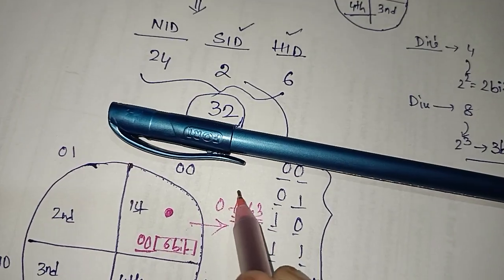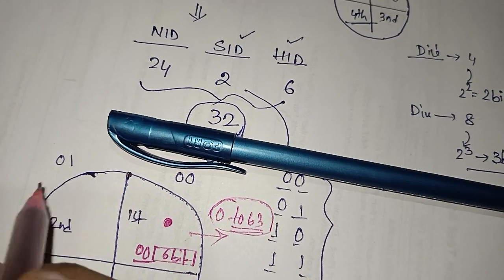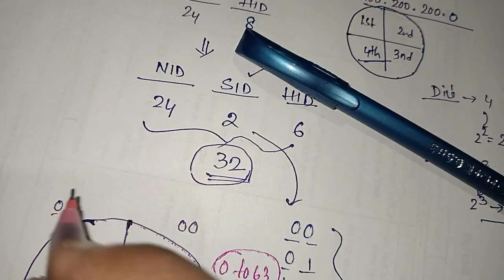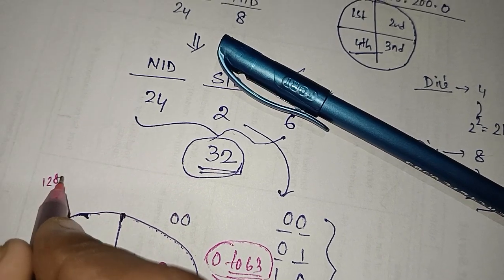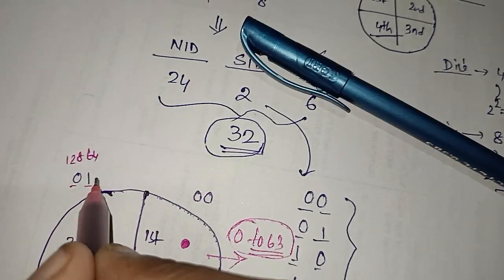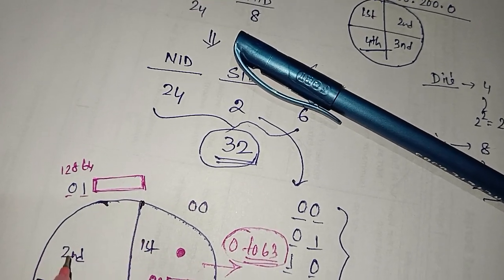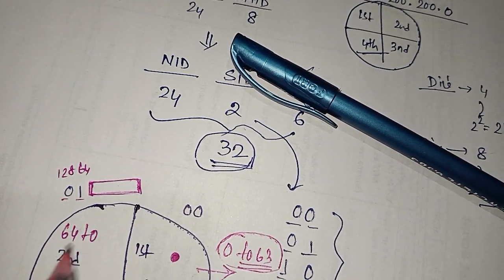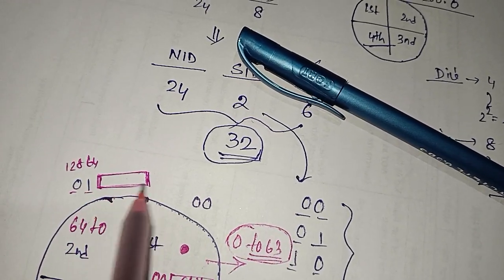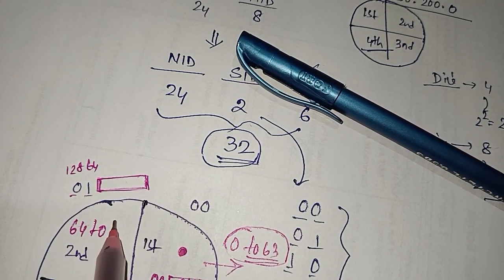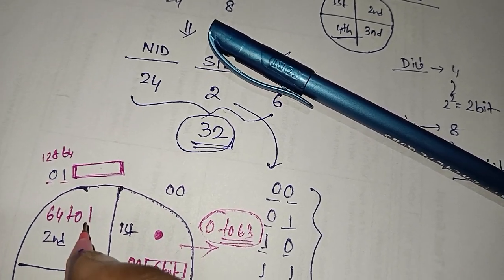If the bit is 64, then with all the bits 0 we get 64, and if all the bits are 1, we get 127.